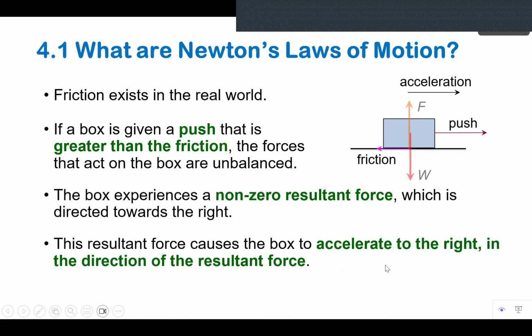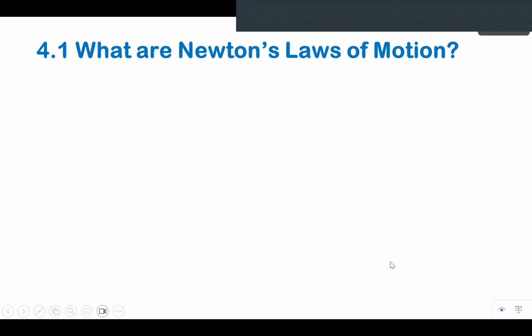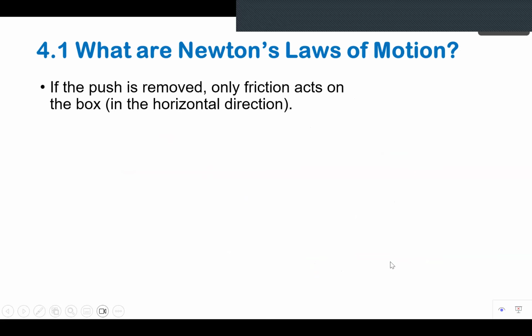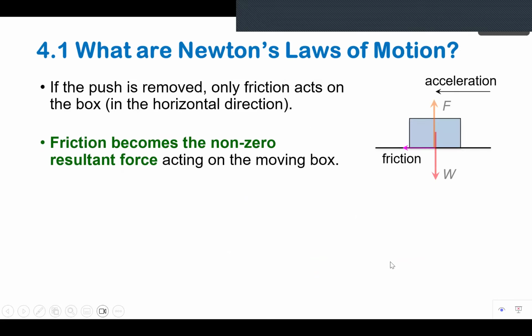But what happens if the push force is removed? Then there is only friction acting on it. So now there is again unbalanced force, where I'm left with the friction. Friction becomes my resultant force.